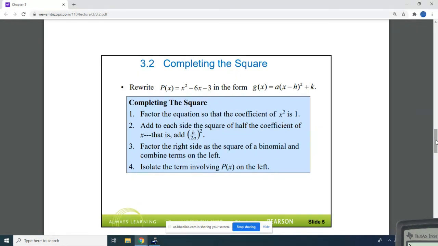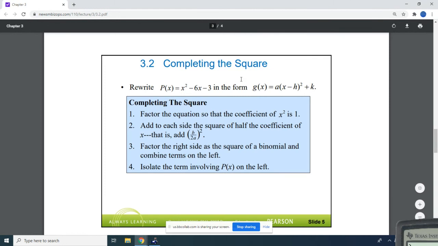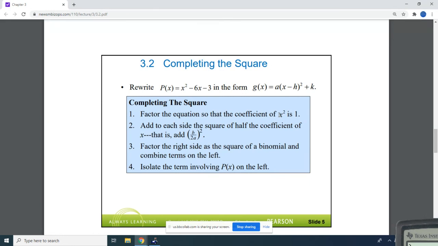In order to complete the square, first off, you must have the correct form. You have to make sure that the coefficient of your squared term is a 1. If it's not a 1, then you have to factor out to make it a 1. Next, you'll add half of the middle term squared to both sides.